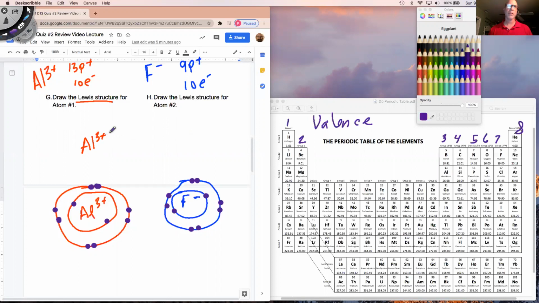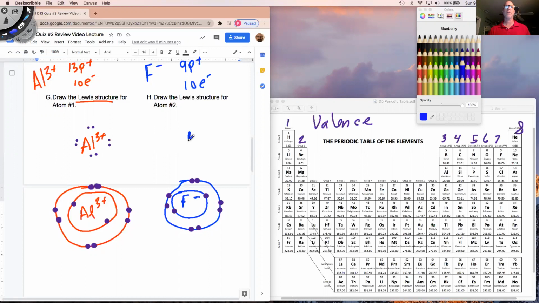Now remember, we always start and go clockwise. So that's going to be 1. Let me make that a little bit bigger for you. There's 1, 2, 3, 4, 5, 6, 7, 8. Why? Because we have 8 electrons in the outer shell, and that's what the valence is. Again, the valence electrons are the outer electrons in the outermost shell.